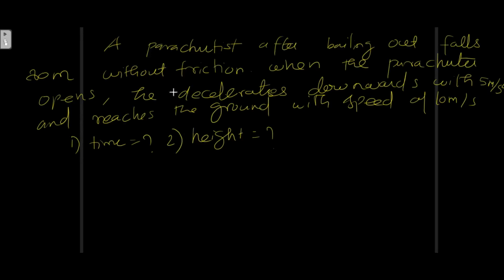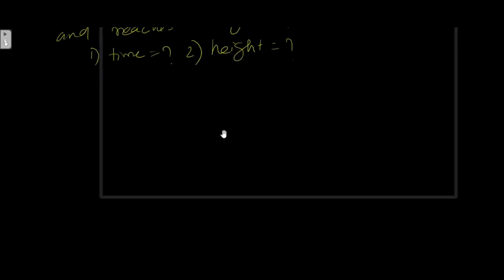Clear? So here a parachutist is a person who jumps out from the helicopter, and after that he falls freely, like a free fall. After opening the parachute, he decelerates, and he reaches the ground with the minimal speed, 10 meter by second. So we need to find the total height and the time taken. This is the origin from which he jumps out.